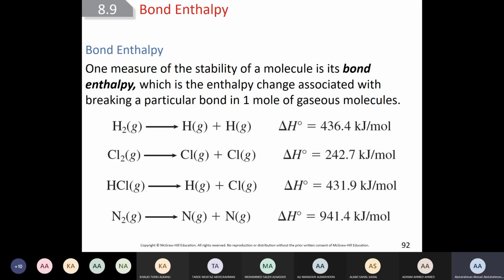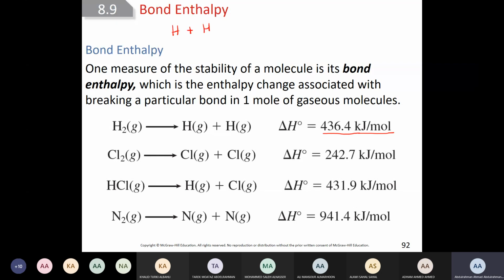For example, H2 goes to H plus H. The energy required for this reaction is 436.4 kilojoule per mole. What does that mean? If you break the hydrogen-hydrogen bond, how much energy do you need to break it? 436.4. Very good.